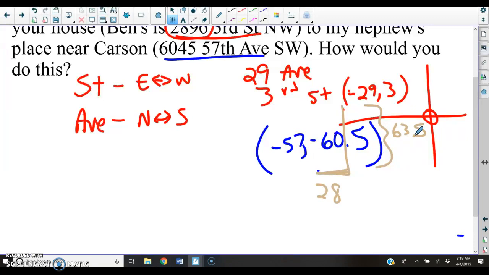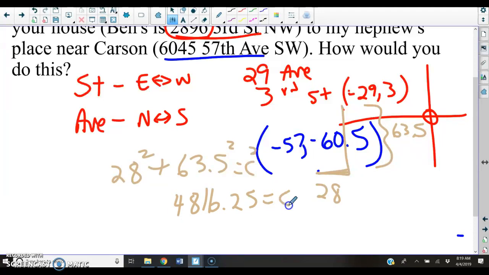And use the Pythagorean theorem: 28 squared plus 63.5 squared equals c squared. And that would work. Okay, I paused to put this in my calculator, and I got 4816.25 is my c squared. So c turned out to be 69.4 miles. So that's how far apart they were.